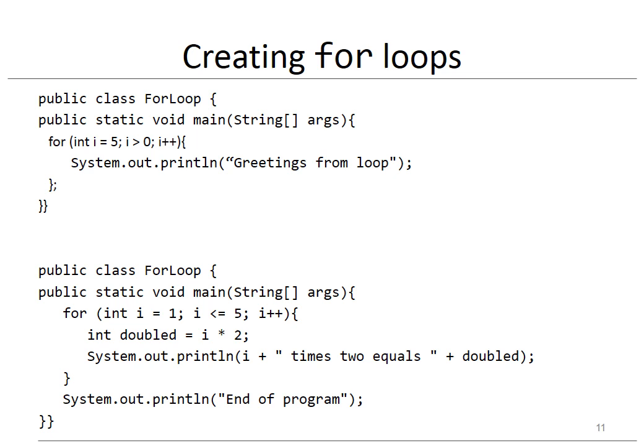It will calculate the double of i and print out the value of i together with its doubled value. Once the loop is completed, a message, end of program, will also be displayed on the console.